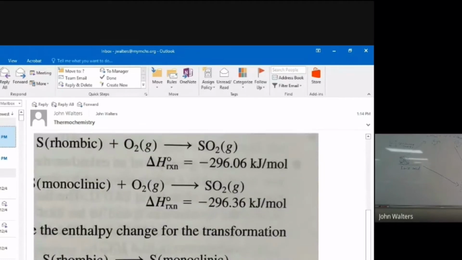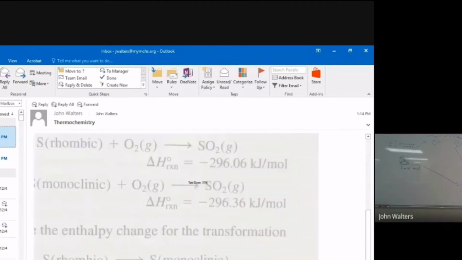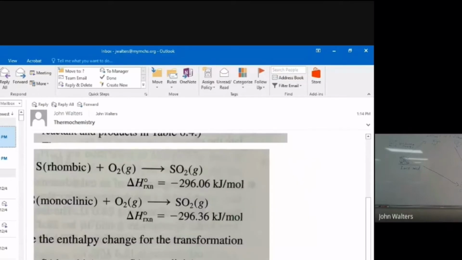There, I think you can see it all there. Remember, in Hess's law, we're going to rearrange the given reactions to the reaction of interest.